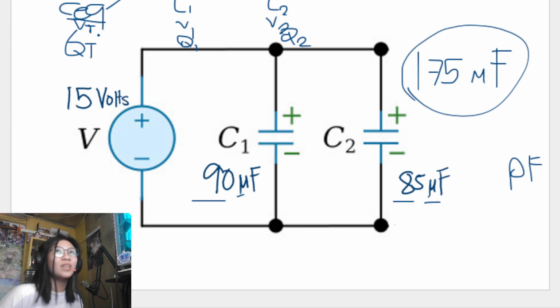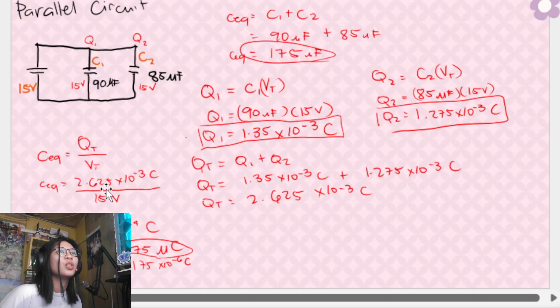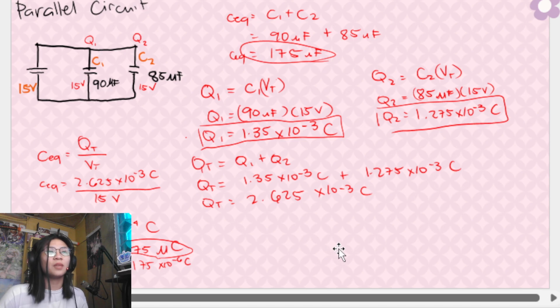Then we have the VT, which is 15 volts. So we can get the QT by the capacitance formula. So that will be 175 microfarad times 15 volts. QT is 2.625 times 10 raised to negative 3.